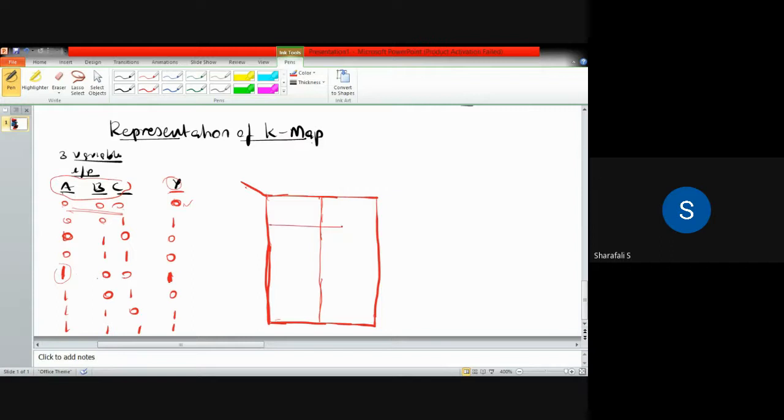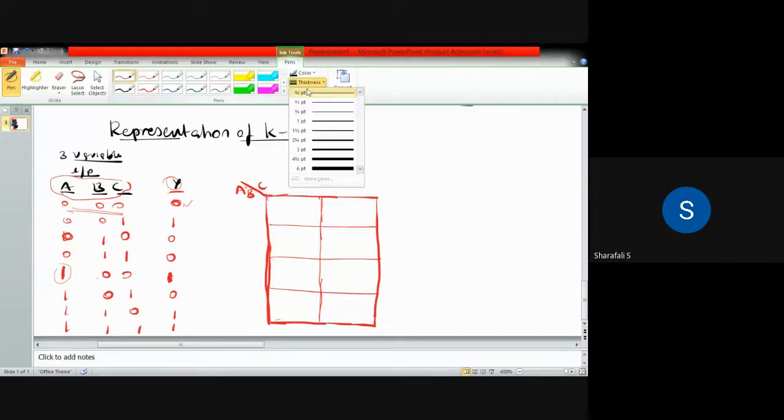Now we have 1, 2, 3, and 4. So this is AB, and this is C. I am considering SOP form here.